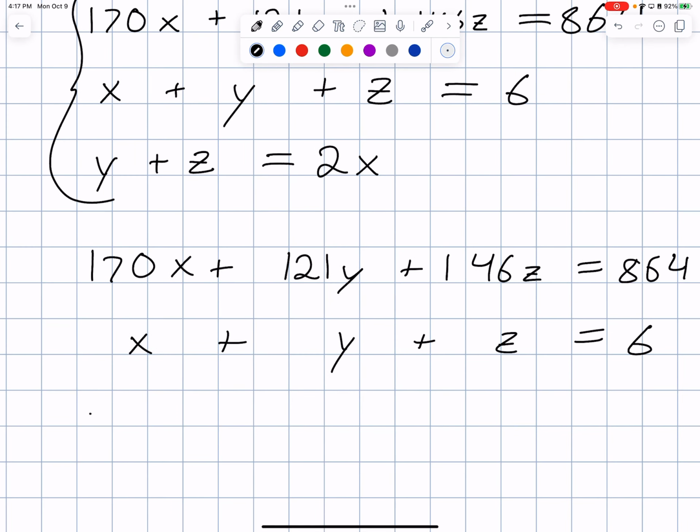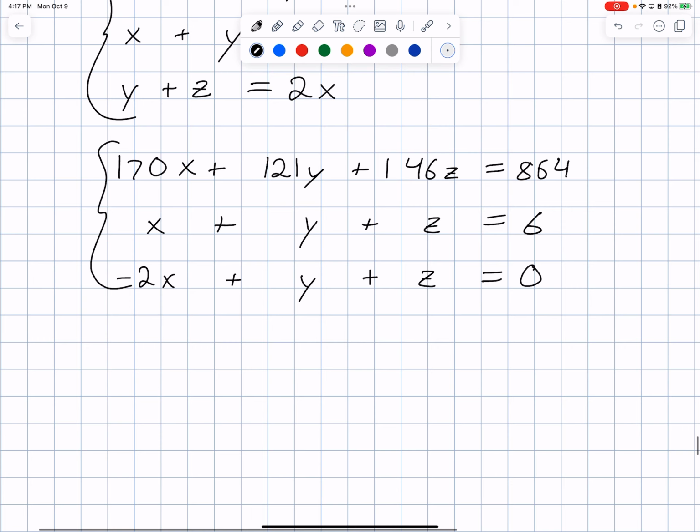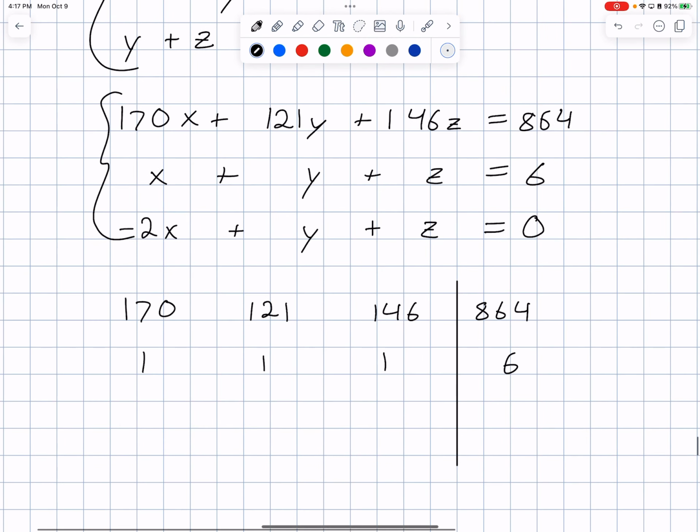This last one will be negative 2X plus Y plus Z equals 0. So my matrix is 170, 121, 146, line 864. 1, 1, 1, 6. Negative 2, 1, 1, 0. Questions?